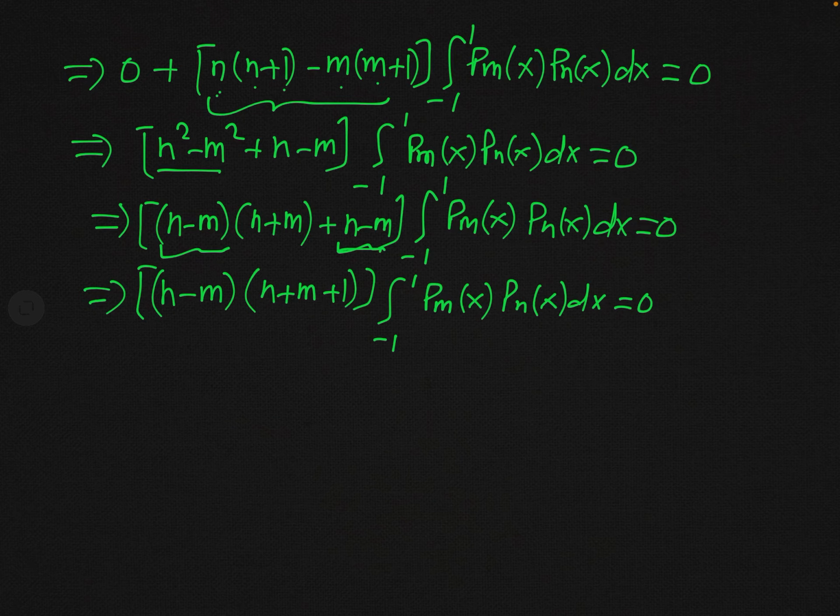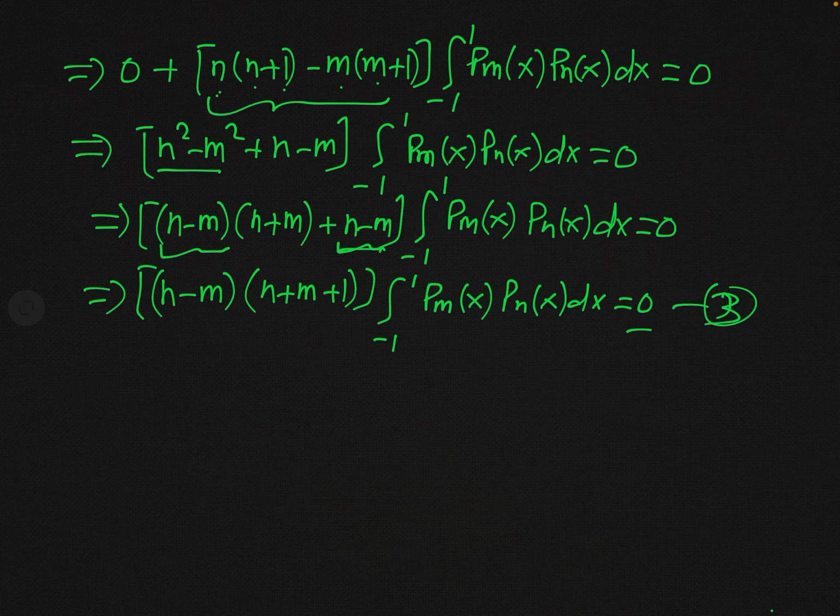Now see in what conditions this equation will actually be valid. It means this 0 in the RHS will be valid in what conditions. So actually this value 0 will be satisfied in two conditions.